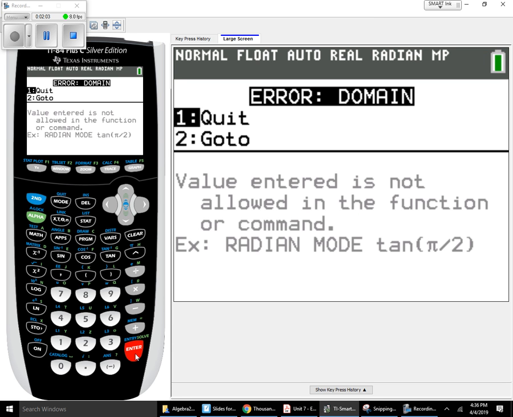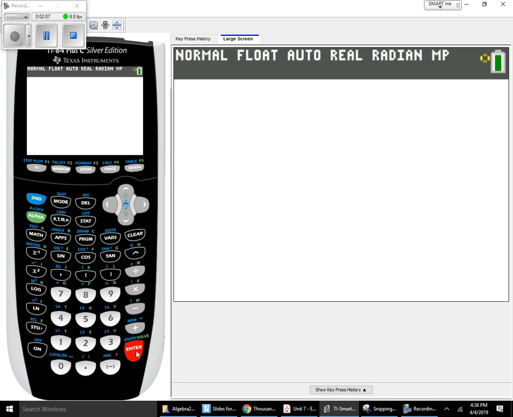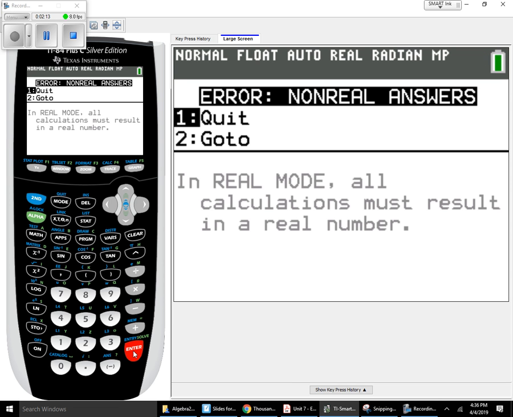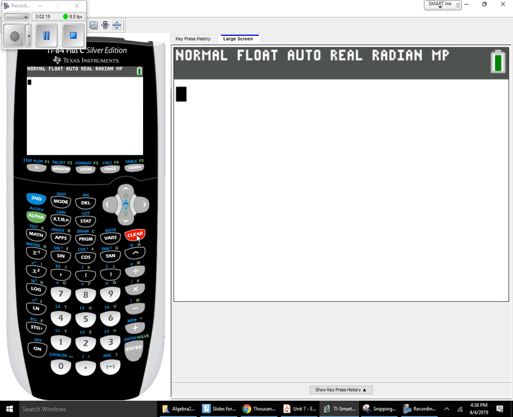I am not allowed to put a 0 into a logarithm. Moreover, I'm also not allowed to put negative numbers into a logarithm. Error, non-real answer. So we need to be careful with logarithmic equations because extraneous solutions can come about.